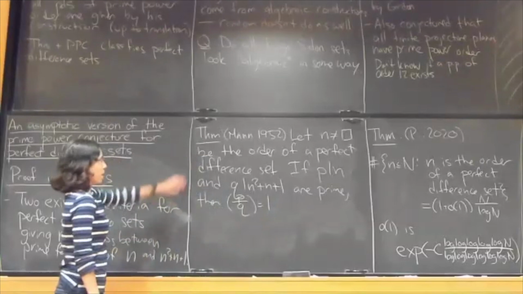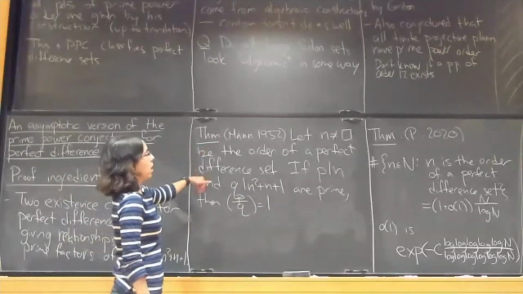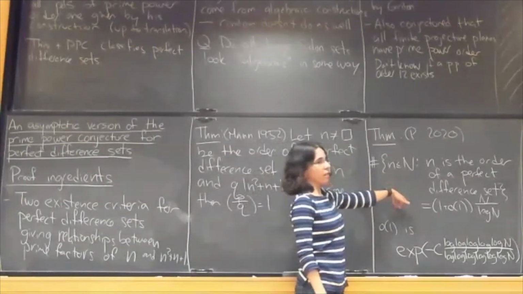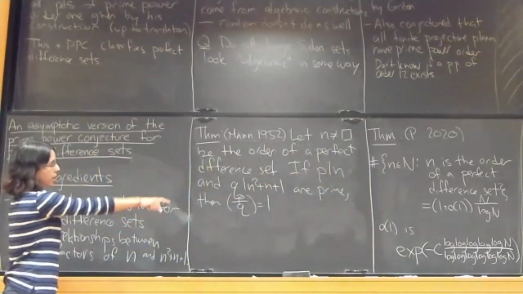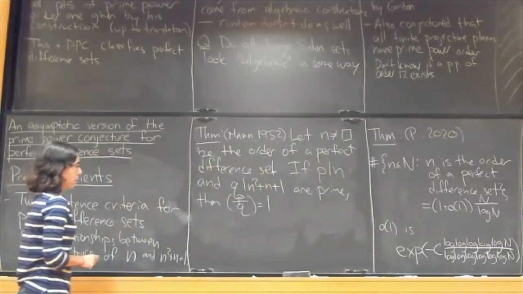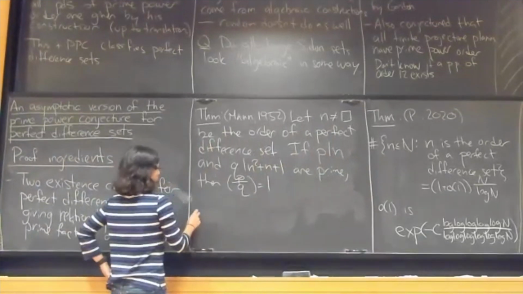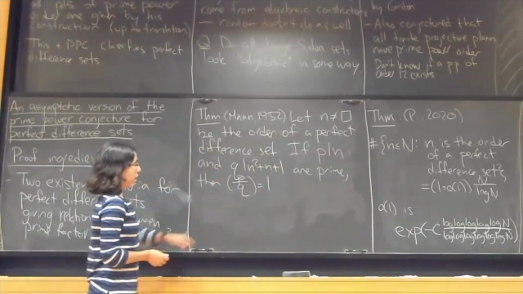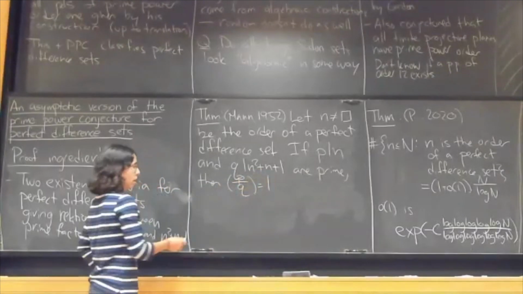So we get a lot of mileage out of this, right? Just this is enough to prove that the number of orders of perfect difference sets has the correct order of magnitude. But this isn't enough to get the asymptotic result. The reason is that this condition is empty when n squared plus n plus 1 is a prime that's 1 mod 4.